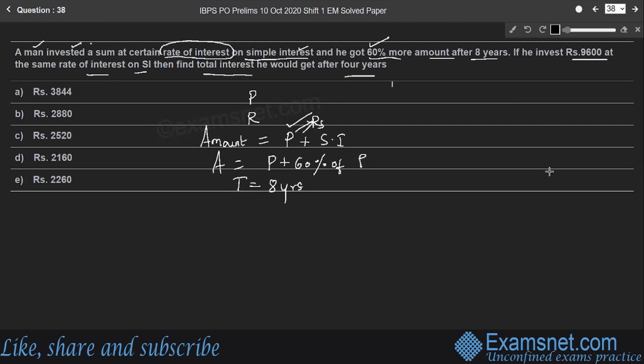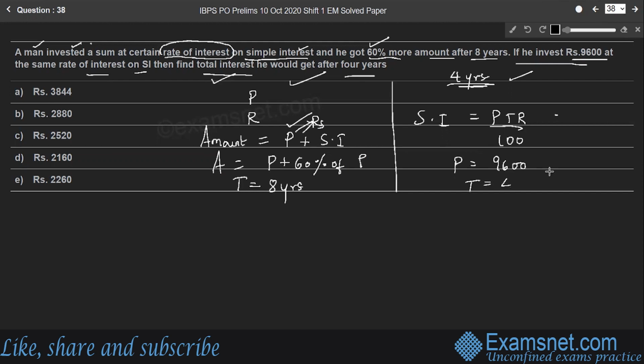And in the second case, after 4 years, what is the total interest you would get? For that, we need the simple interest formula, PTR by 100. So in the second case, his investment is 9,600 rupees. That is, principal is 9,600 and time period is 4 years.